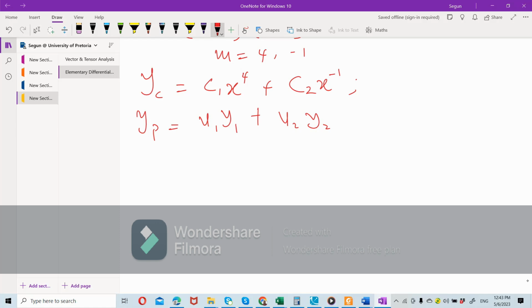To put it in standard form. Yes. What happened after standard form? Then we use variation of parameters. What is standard form? Therefore, you should make it y prime prime.